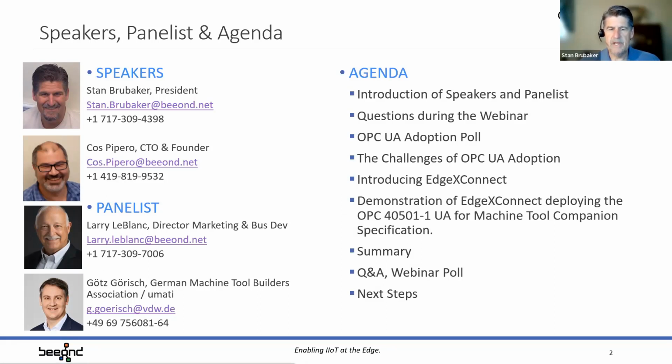And last but not least, we have Goetz, representing the German Machine Tool Builders Association and Umati. Goetz is very familiar with machine tool standards and also very familiar with and skilled at implementing OPC UA servers. So he understands this technology very well.